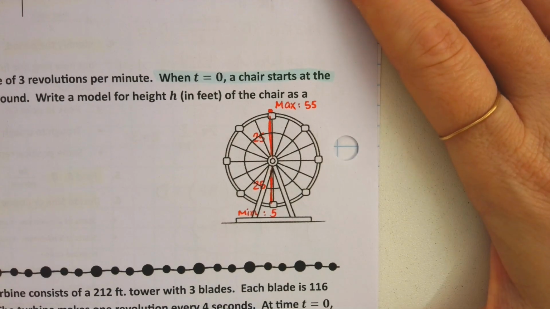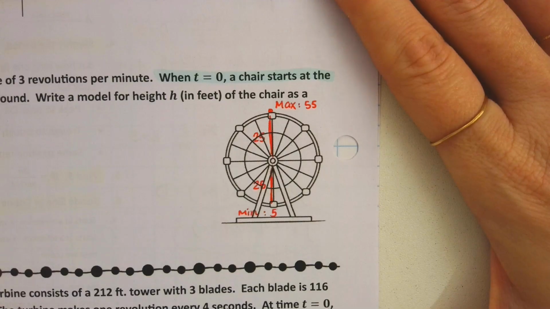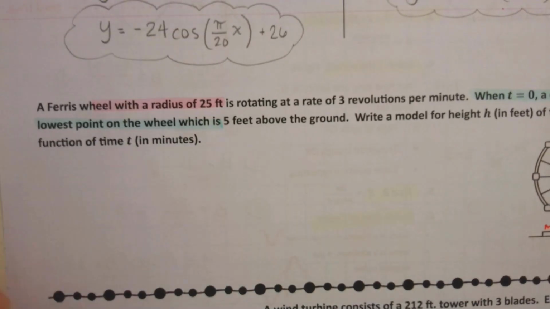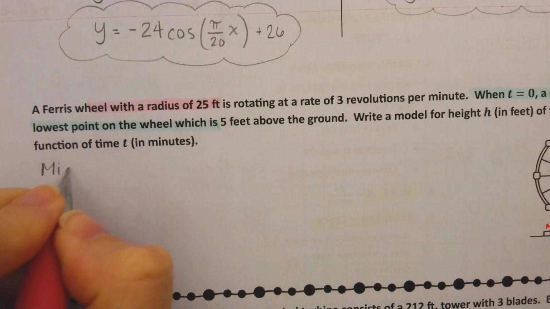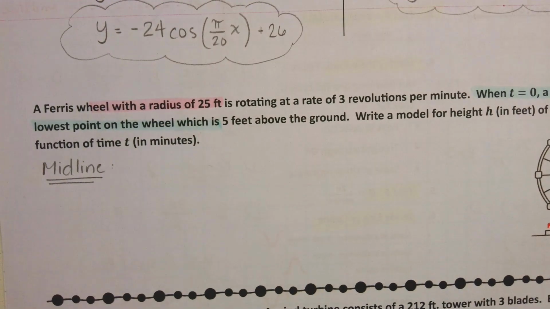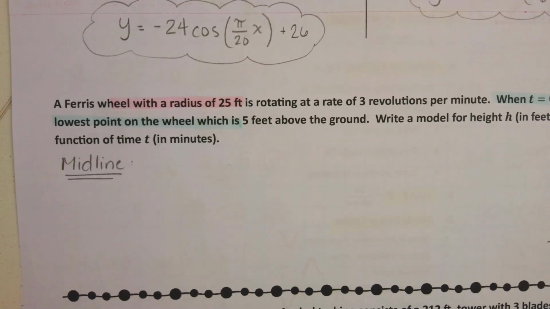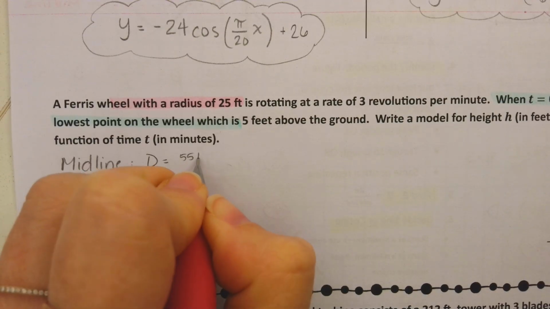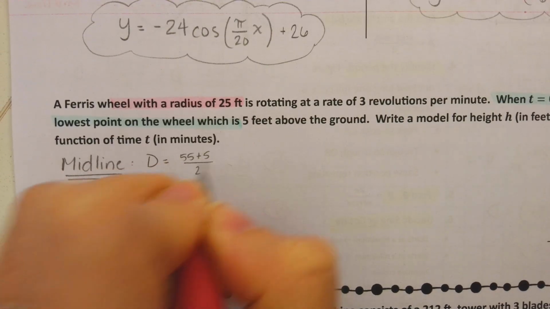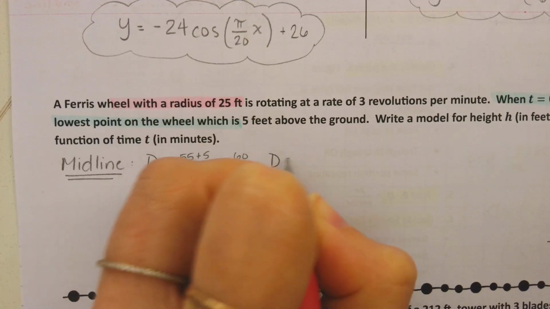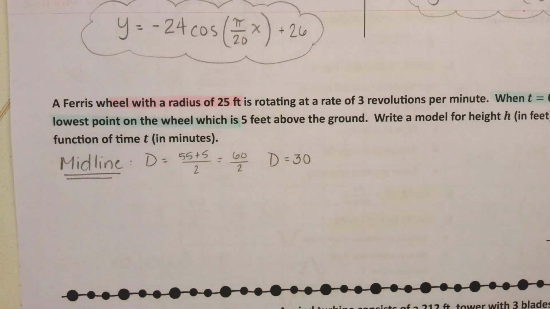So from there, we know already that we can now find the midline and we can find the amplitude. Doing midline: midline again is your maximum plus your minimum divided by 2. So that would be 55 plus 5 divided by 2, which is 60 divided by 2, which means your midline is 30.